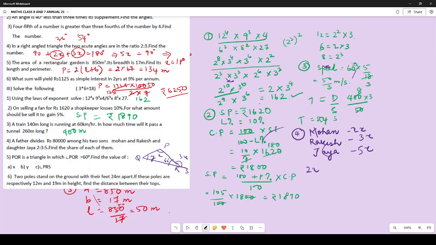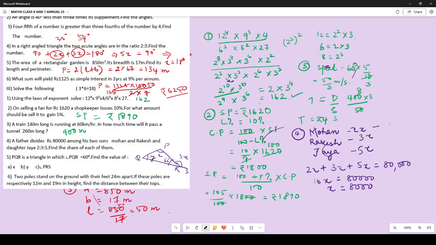So 2x plus 3x plus 5x is equal to 80,000, right? So this means 10x is equal to 80,000, x is equal to 8,000. So you simply multiply.